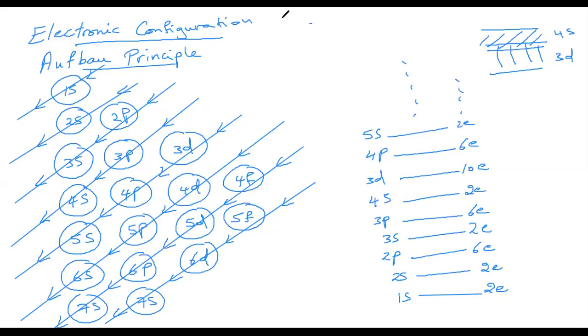So in order, we should fill the 1s first, and when it is filled, then we can go to fill the second shell. When it is filled, then we go to the upper subshell, and so on. We don't go to an upper subshell except if the first subshell is filled first.